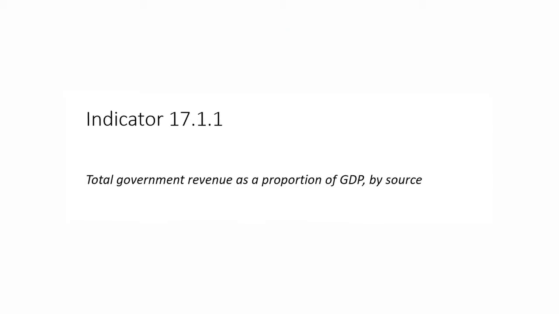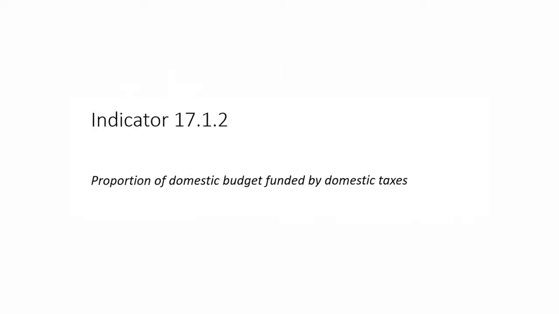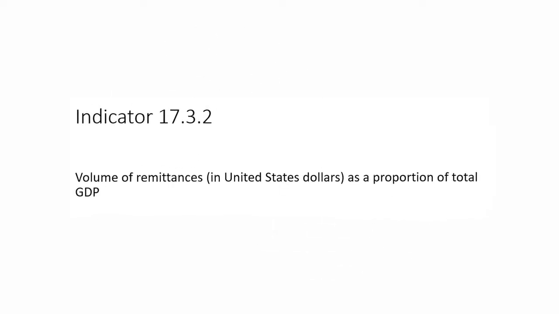The SDG indicator 1711 is about total government revenue as a proportion of GDP by source. The SDG indicator 1712 is about the proportion of domestic budget funded by domestic taxes, and SDG indicator 1732 is about volumes of remittances in US dollar as a proportion of total GDP.